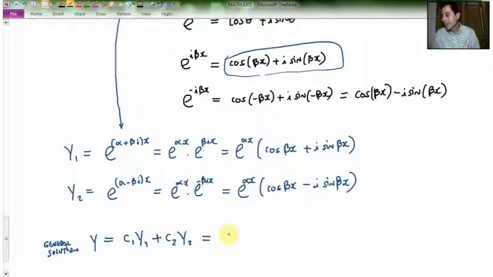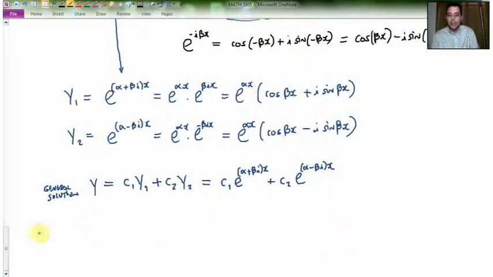So this would be a C1, and then this thing here. Trying to simplify this. Okay, let me put that in here, plus C2, and then the second one. So that's the general solution of the ODE.